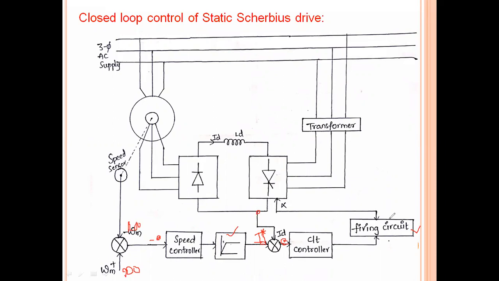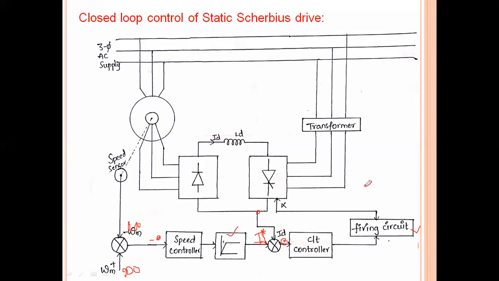This firing circuit produces alpha, which means firing angles, to the thyristors which are present in this inverter circuit. Here we are having an inverter circuit, and the inverter output voltage completely depends upon the alpha value, where this is a three-phase full control rectifier, as we have seen in the previous class.